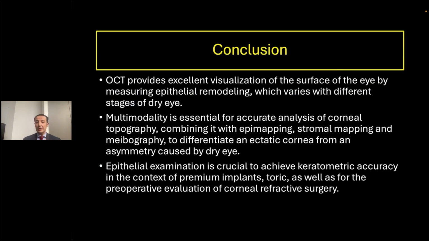And now we know that epithelium examination is clearly crucial to achieve keratometric accuracy, especially in the context of refractive surgery, premium lenses or torics, in order to obtain the best keratometry. Thank you for your attention.